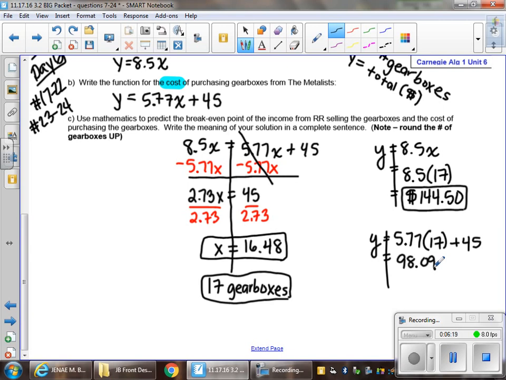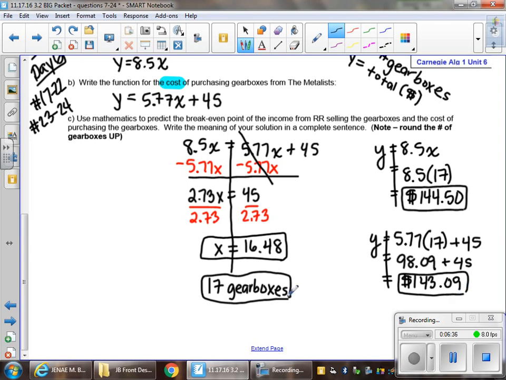Plus 45. $143.09. So notice they are no longer exactly equal.